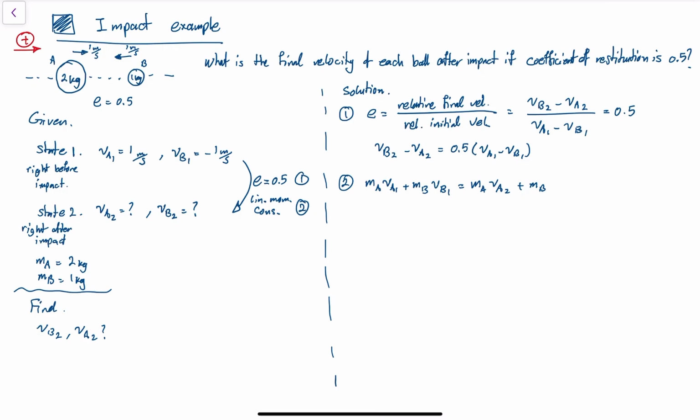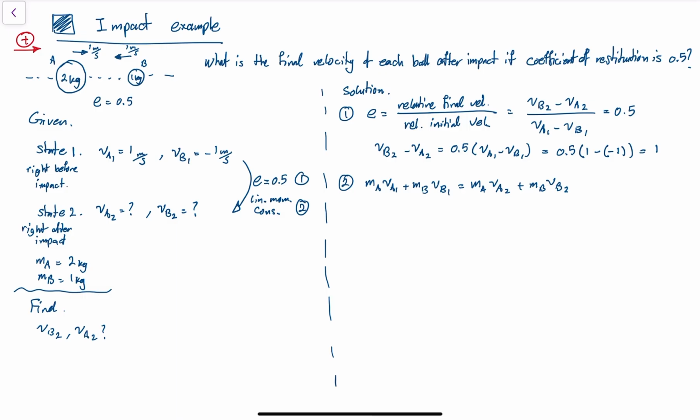So I have everything. Left hand side is fully known. Right hand side has the information I'm looking for. Let me finish this. This is half times VA1, which is 1, minus VB1, which is 1 but in the opposite direction. So this is 2, which gives 1.